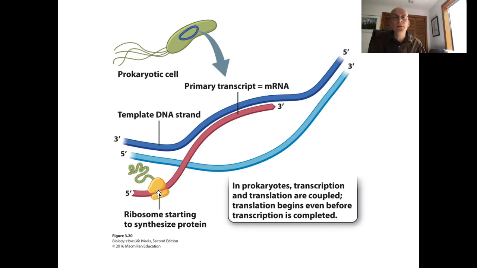The process of translating that mRNA into protein is called translation, and that occurs along these ribosomes. We'll talk about those in more detail later. But that happens at the same time as the transcription still occurs. So transcription is not even done yet when the ribosome already starts making the protein, when it's already translating. That's another difference that your book points out.